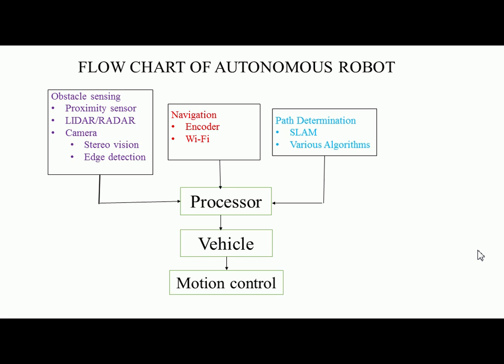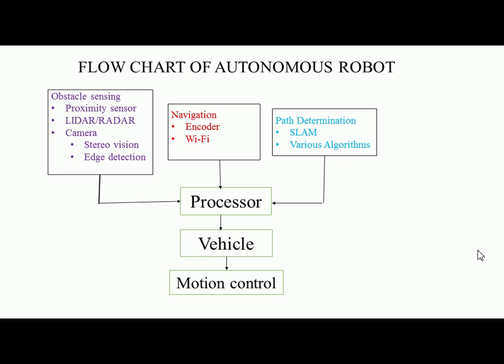I'm using the camera to detect the objects and the color of an object using image processing technology. For navigation, I'm using Wi-Fi technology. There are many technologies for navigation, like GPS. I could use GPS, but in the home, at some corners, we cannot receive the GPS signal. So I chose Wi-Fi.